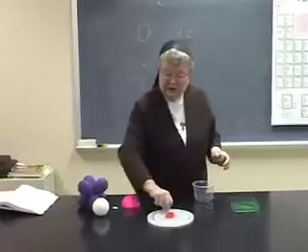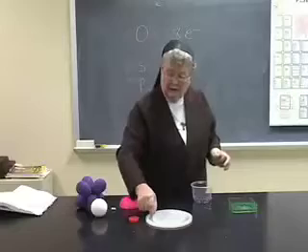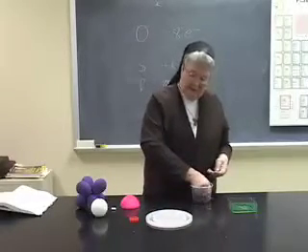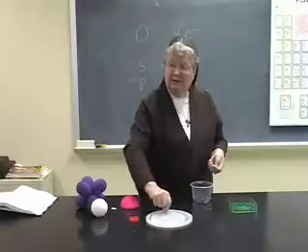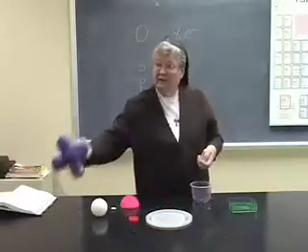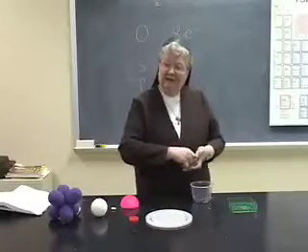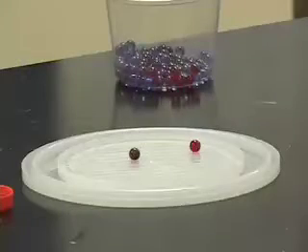Then I move to the second orbital. And I notice there are 2 types of orbitals in this second one. One is a sphere and one is the average distance of this. So I'll go ahead and put 2 red s electrons in the second one. I'm going to do it right here.